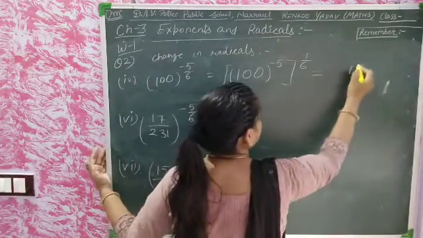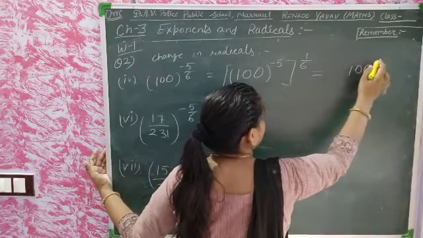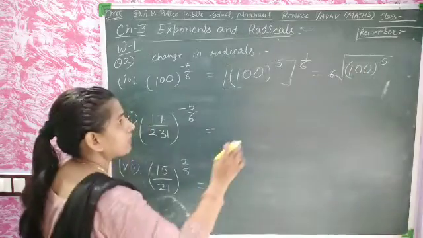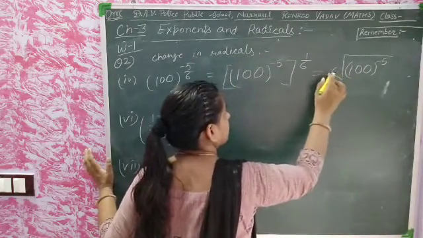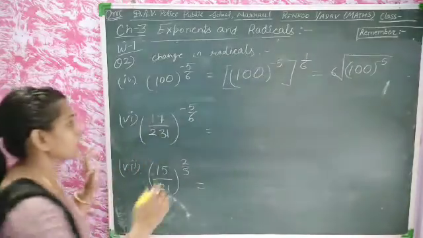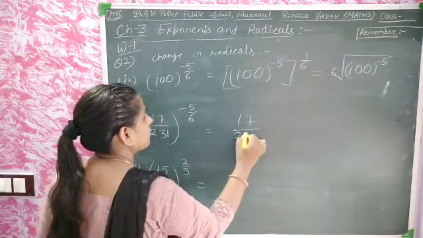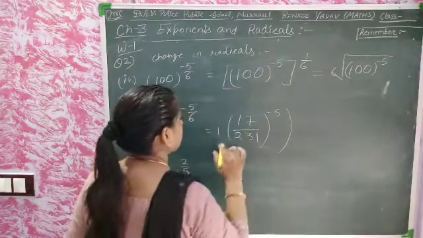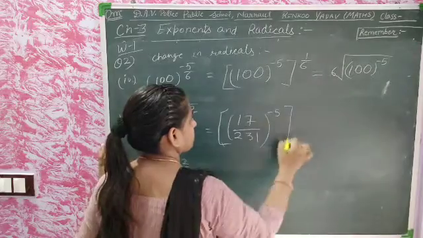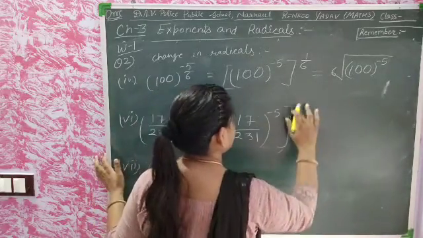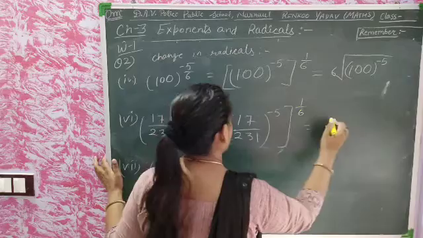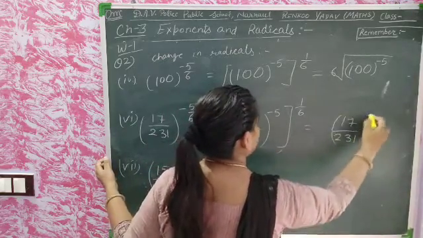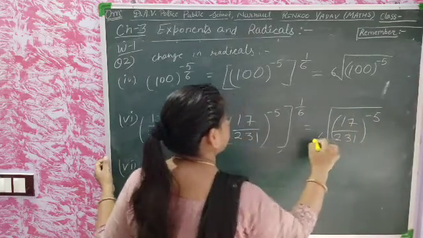And now it will be done here, the power minus 5, and its radical index is 6. Done. And doing the same, 17 divided by 231 to the power minus 5 and to the power 6. This becomes 1 by 6, and it will be written as 17 by 231, its power is minus 5 and its radical is 6.